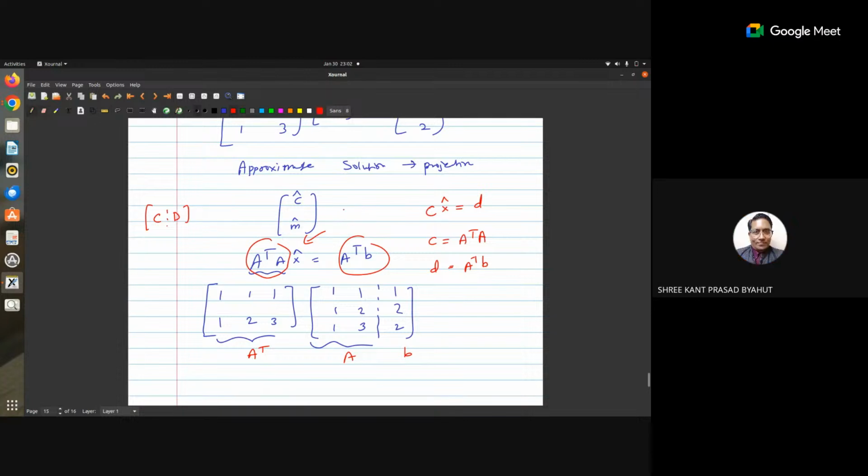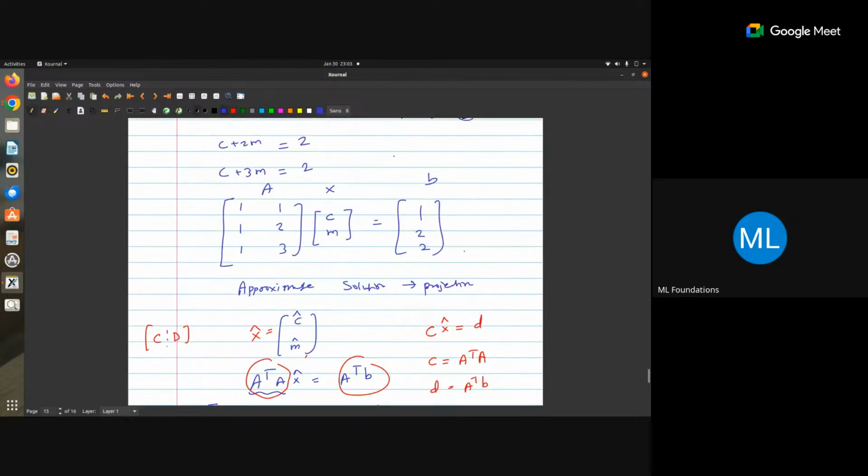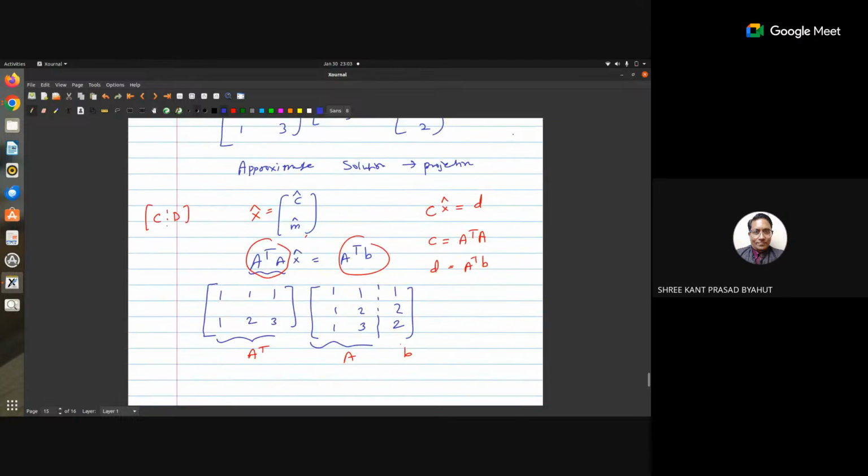And A transpose B, where B is 1 2 2, right? You look at it, B is 1 2 2. And where is the A transpose then? Here, A transpose A. If I'm multiplying this A transpose with this A augmented B, I will get the same things. That's what I'm trying to say. Yes.